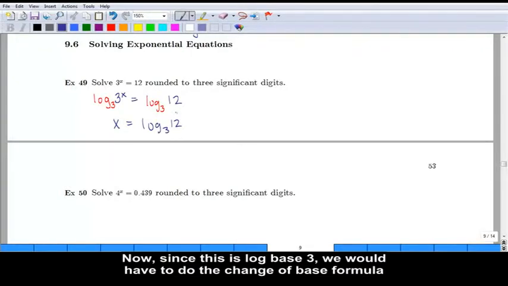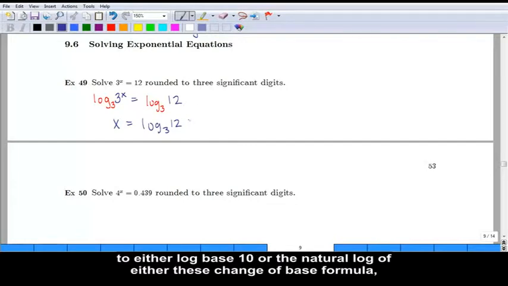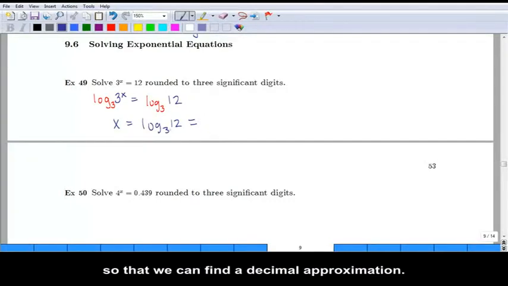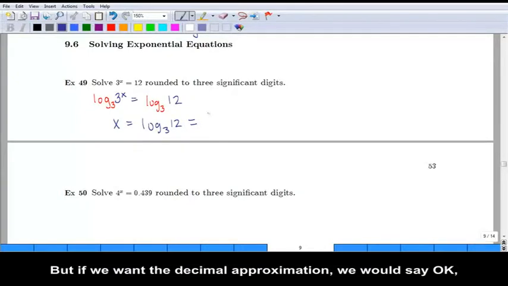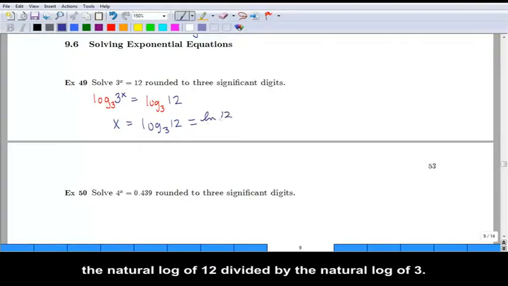Now, since this is log base 3, we would have to do the change of base formula to either log base 10 or the natural log, so that we can find a decimal approximation. This is the exact answer, log base 3 of 12. But if we want the decimal approximation, we would say the natural log of 12 divided by the natural log of 3.